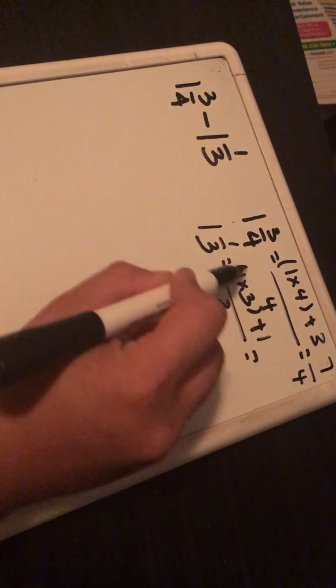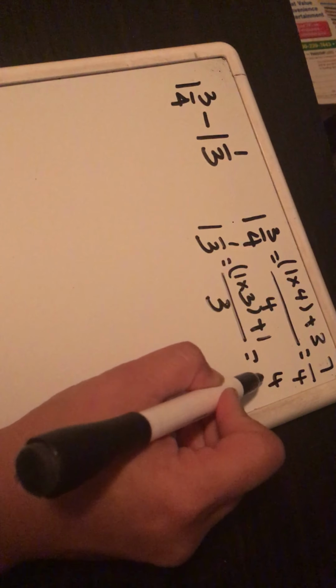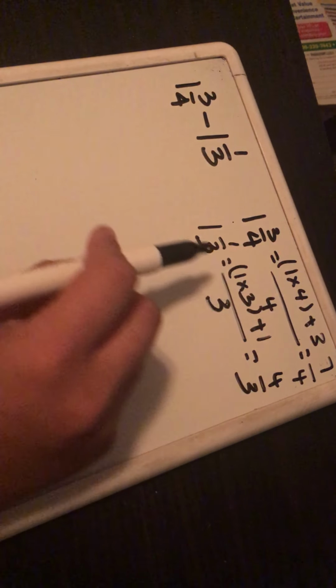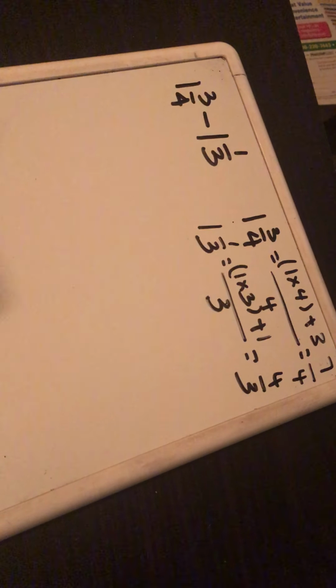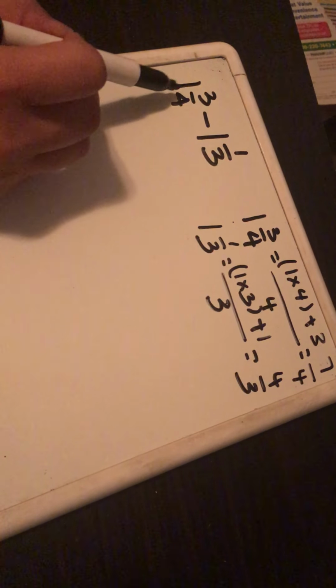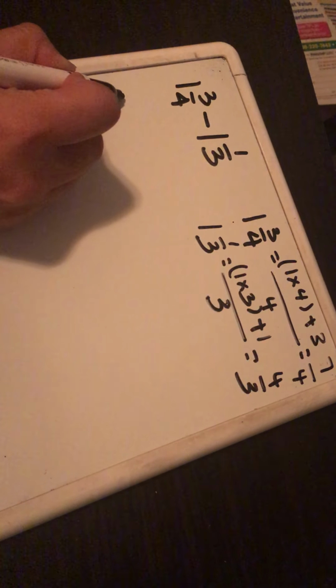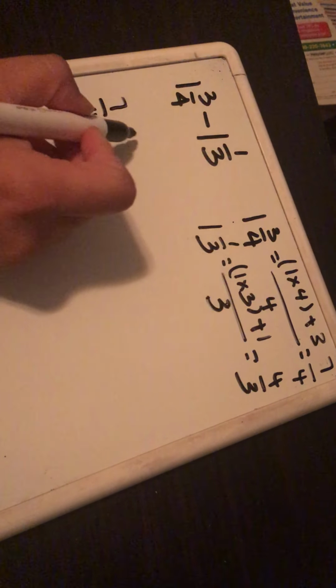Okay, so our answer would be 1 times 3 is 3, plus 1 is 4, and our denominator is 3. Okay, so from here, let's put it back in this format right here. So 1 3/4 is the same as 7 over 4, minus 1 1/3 is the same as 4 over 3.